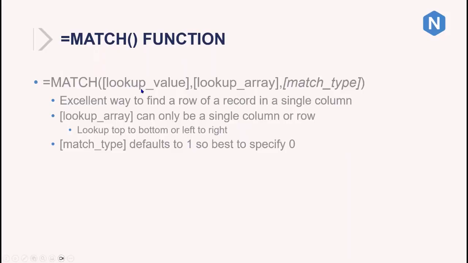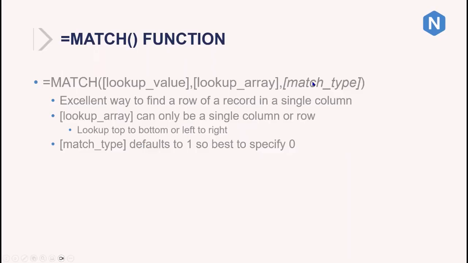If you gave it a number 0 and you had a number in Excel that was like 002, it would actually find 002 because it did a soft match and went, oh, there's a 0 in that, so I found it, and gave you the wrong row of data. So I pretty much always specify 0 for my match type, even though it's technically optional, it defaults to 1, and that's not usually what I want.